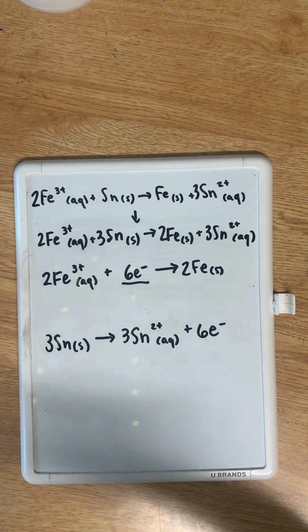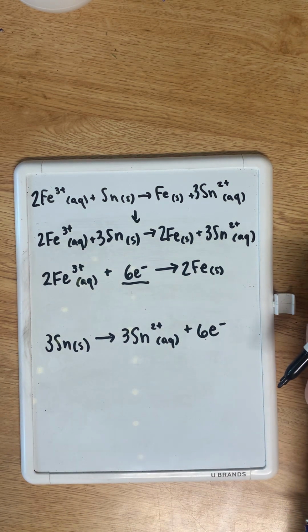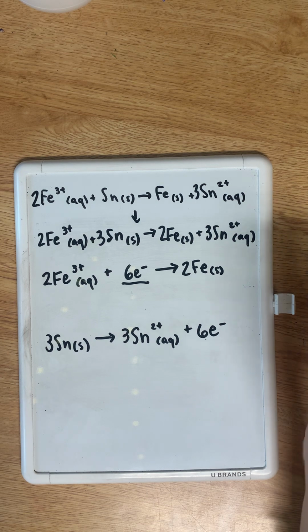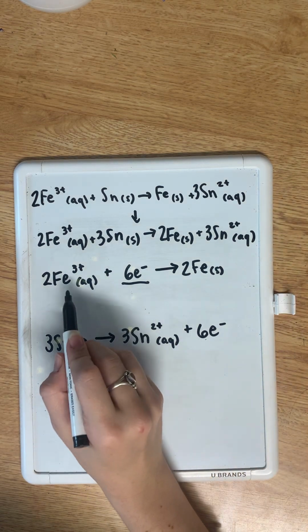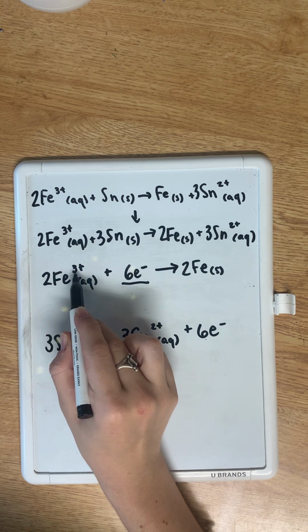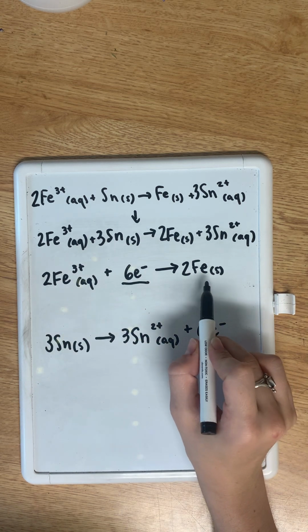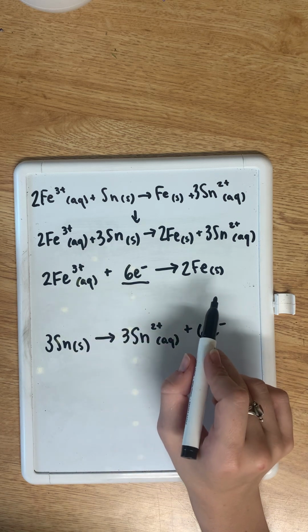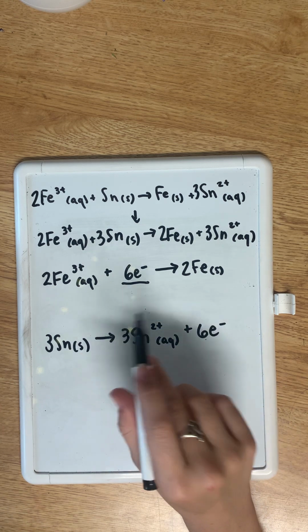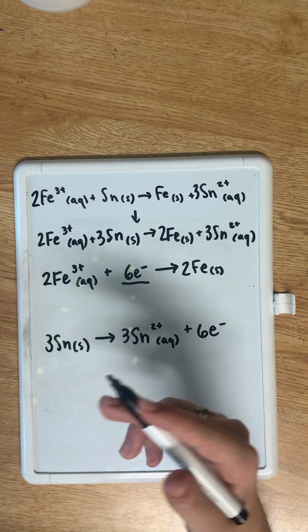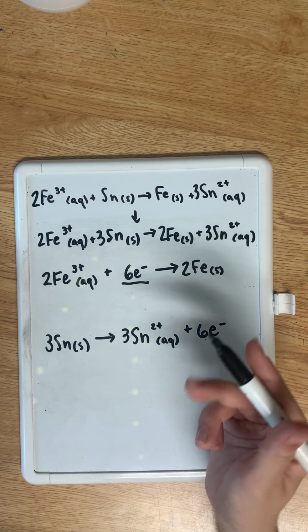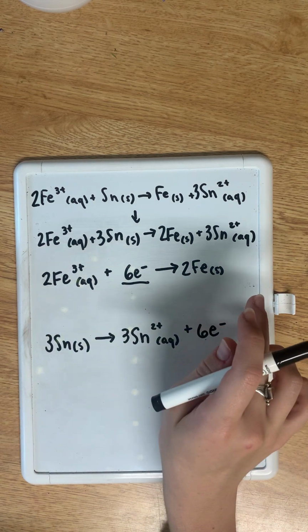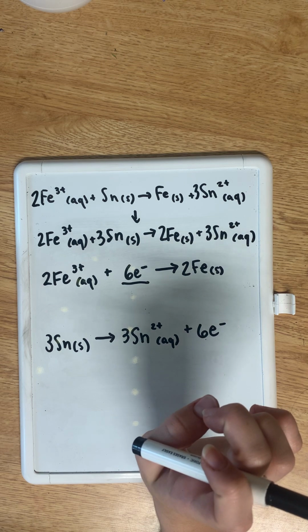Awesome. So now we need to identify which is the oxidation and which is the reduction. So here we are going from a 3 plus charge to 0, neutral. So we're getting more negative, and when you get more negative, that means you are adding electrons, and addition of electrons means it is a reduction.